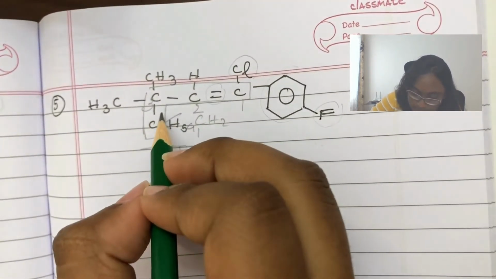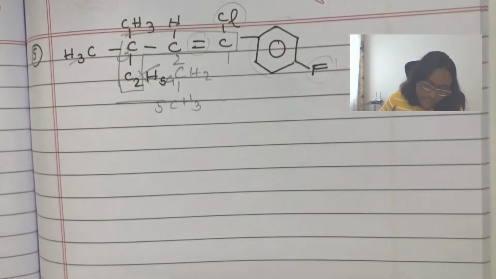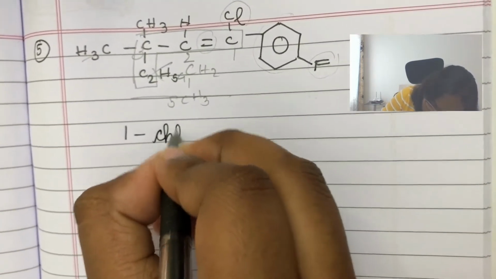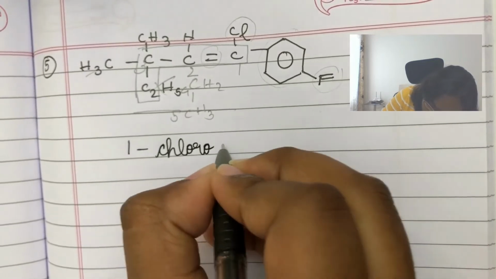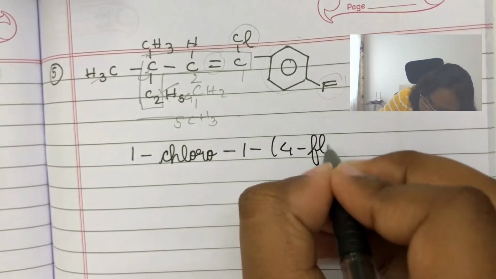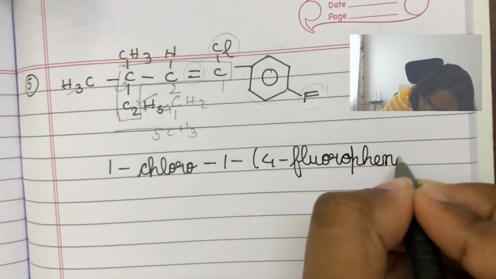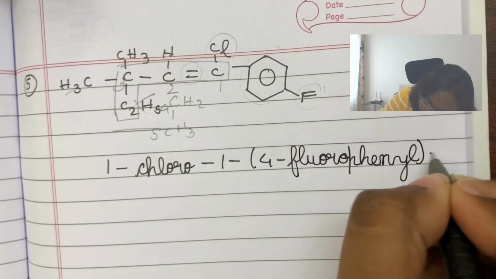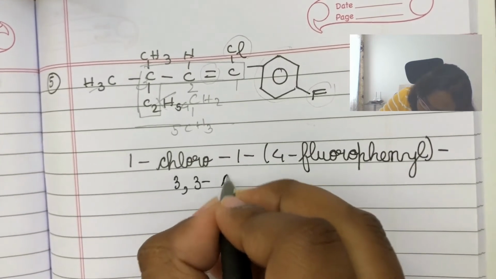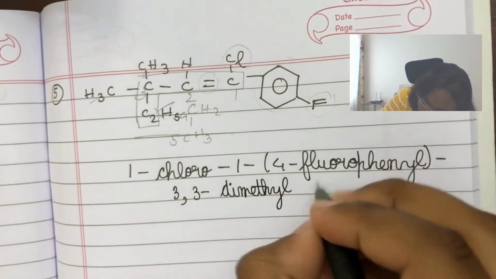And on the third carbon of the main chain there are two methyl groups. Hence the answer to this question would be 1-chloro-1-(4-fluorophenyl)-3,3-dimethylpentene.